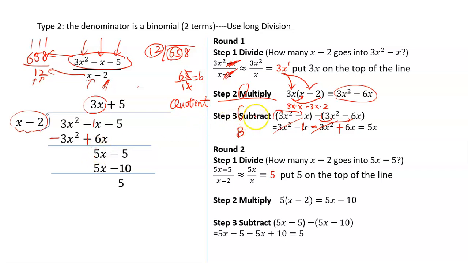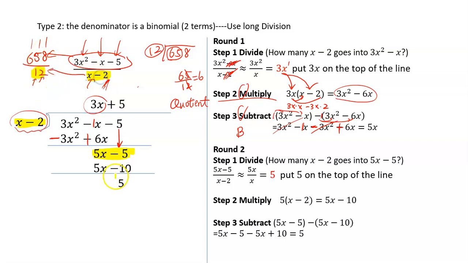After we finish subtraction, we bring down negative 5. So we repeat the process one more time. This time we are focusing on the new expression, 5x minus 5 divided by x minus 2, because every single time this is always what we're dividing by, just like we always divide by 12, and 12 goes into whatever, how many times.